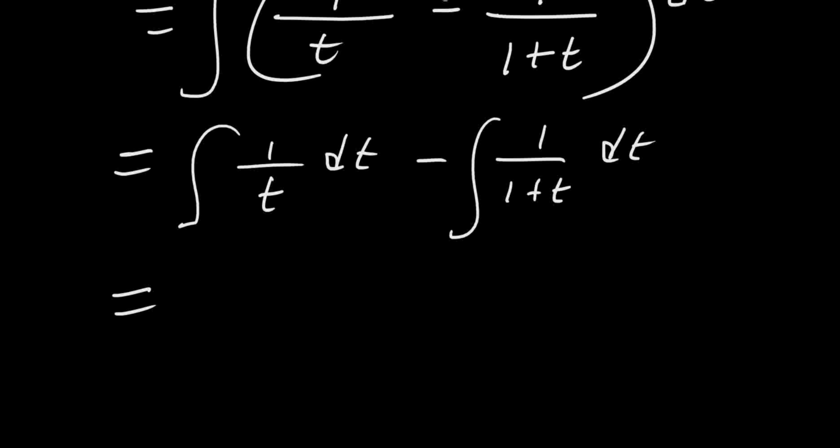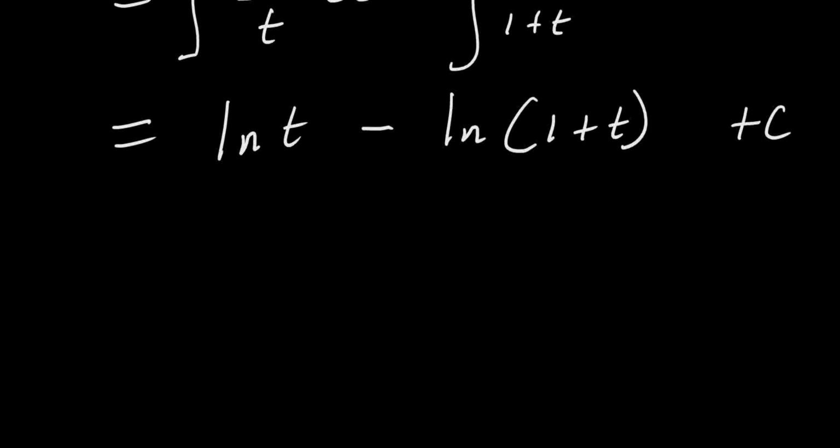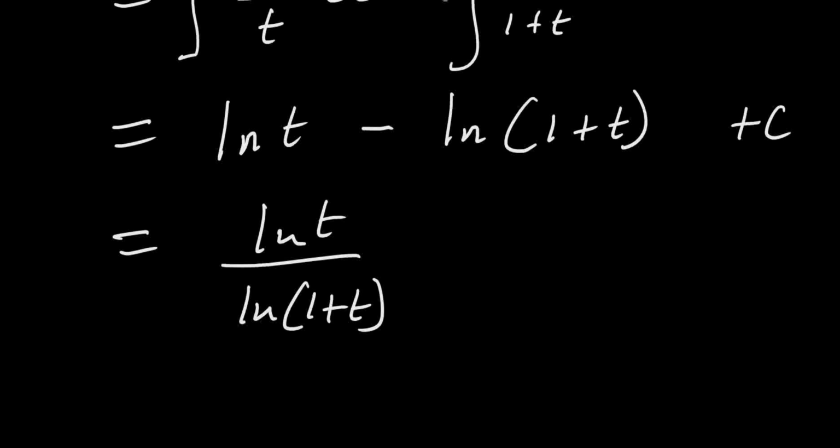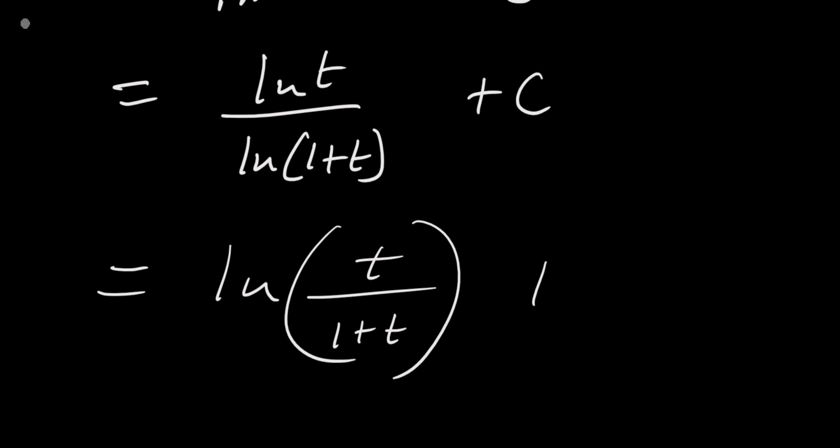So this will be equal to ln t minus ln 1 plus t plus c. And this is the same thing as ln t over ln 1 plus t plus c. So we can also express this as a single ln. So this will become ln t over 1 plus t plus c.